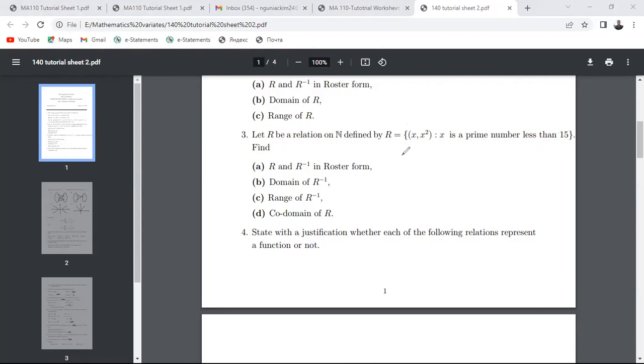So the first thing is, let's come up with a set of prime numbers less than 15. So I said 2, 3, 5, 7, 11, and 13. These are prime numbers less than 15.